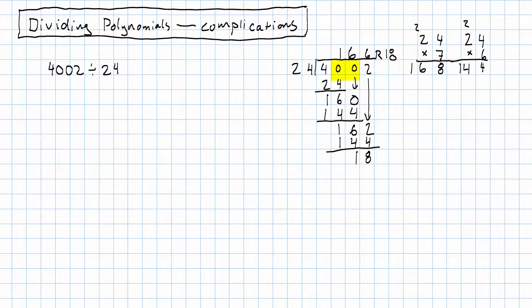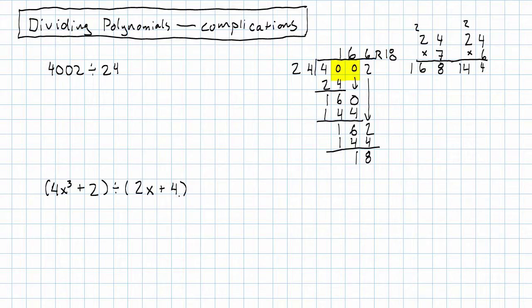The polynomial long division problem that we could think of as analogous to this somehow is 4x to the third plus 2 divided by 2x plus 4. Right? Thinking about the place values as x's instead of 10s. These problems are somehow analogous.